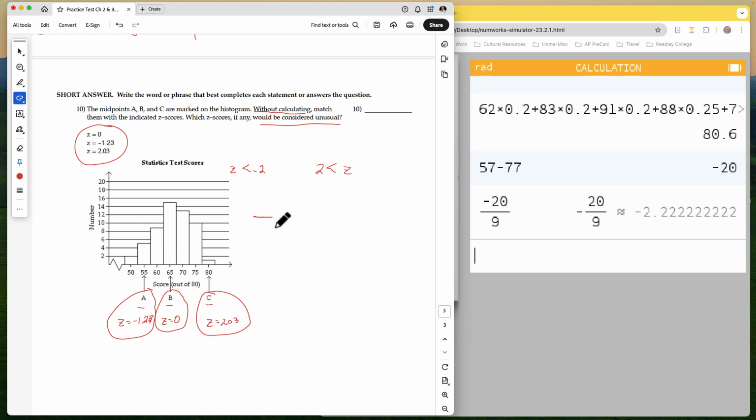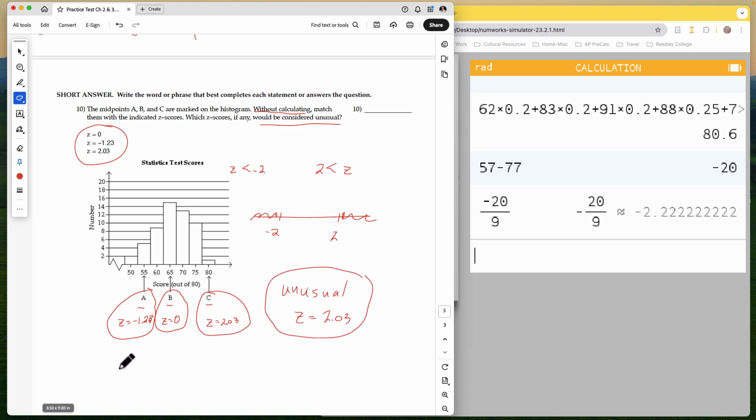I don't know, that's not a very good drawing. Here's -2, here's 2. Anything outside of these is going to be unusual, and so 2.03 is an unusual value. So which, if any, z-score is unusual, z equals 2.03, and that's a perfectly fine way to do it.